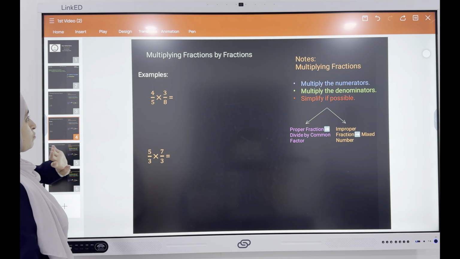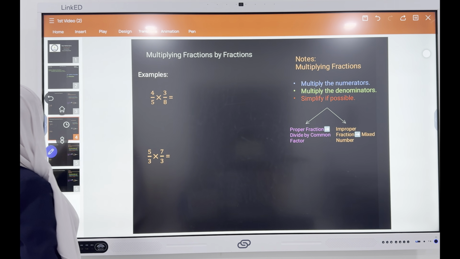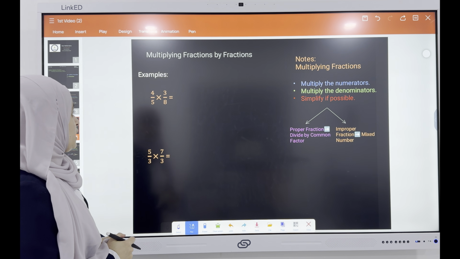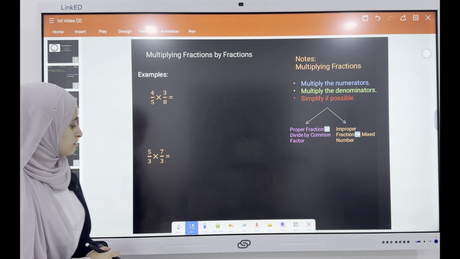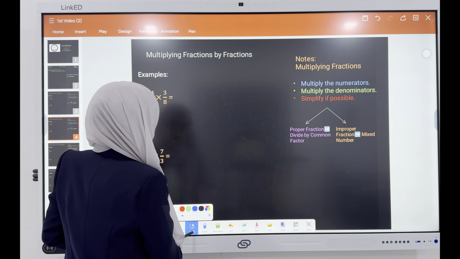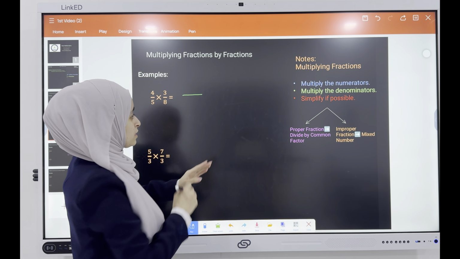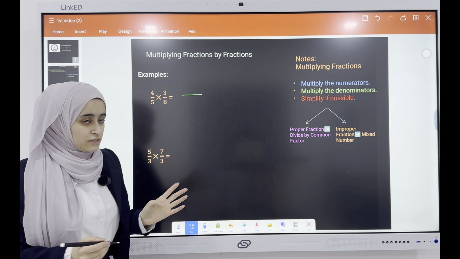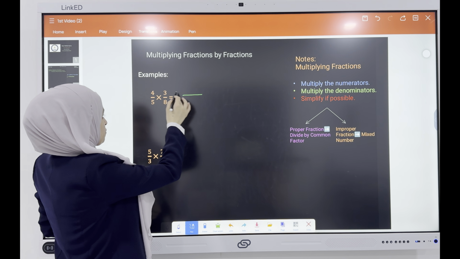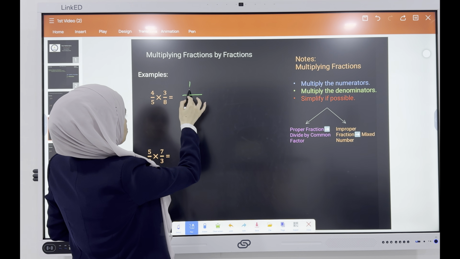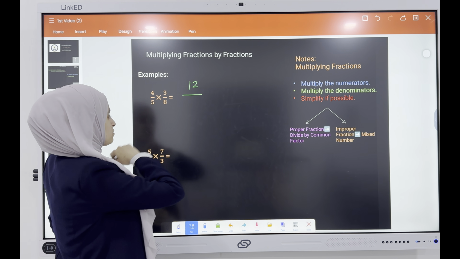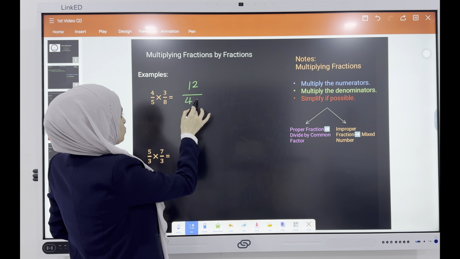Now let's have 2 more examples. Again, we have multiplying fractions by fractions. Again, multiply numerators together. 4 times 3 is equal to 12. Then 5 times 8 is equal to 40.